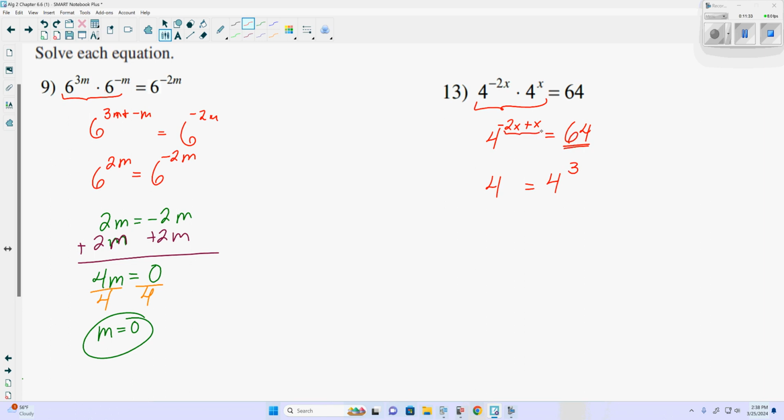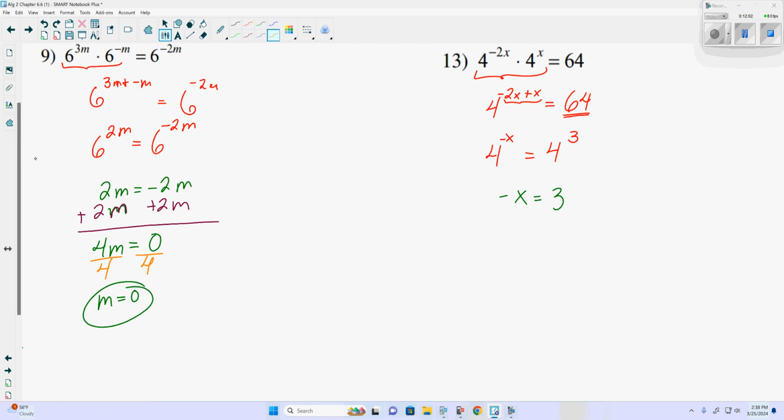Now our negative 2x plus x is negative x. Now are the bases the same? Yeah. And it's telling us that negative x is equal to 3. Since the bases are the same, the exponents have to be equal. That's the only way that these two expressions can be equal.